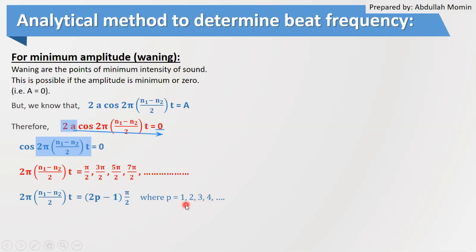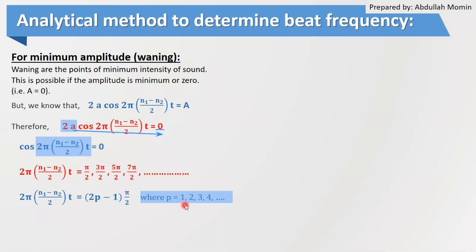Now remember one thing: for minimum amplitude, the value of p starts from 1, while for maximum amplitude, the value of p starts from 0.